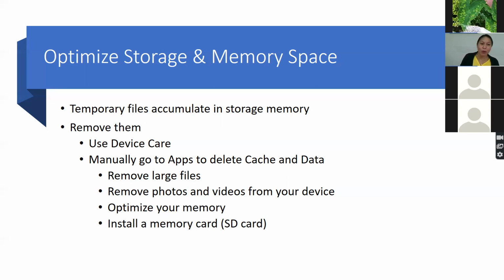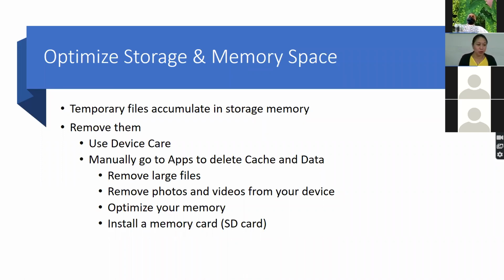As I mentioned to you before, these files are in the background, which we cannot see. So it's hard for us to really determine how to close them and remove them from our storage space. So again, temporary files accumulate in your storage memory. So we need to remove them, and also other unnecessary files.